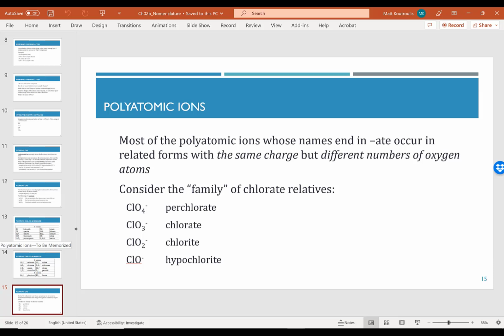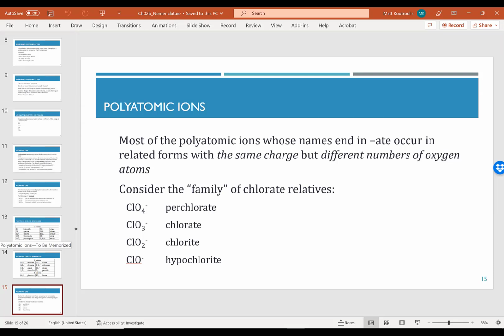The only thing that changes is the number of oxygens. So starting with chlorate, if you add an oxygen, what do you have to do to the name of the ion? Add per in front, yeah. So per means you've added an oxygen, okay?